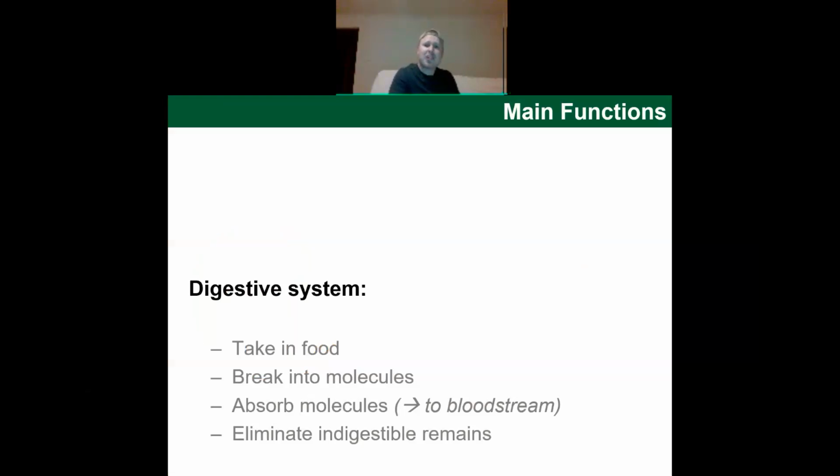If we look at the functions of the digestive system, there are really four main things that we need to see. We're taking food into the body, and then we're breaking that food into smaller components. Once they're small enough, we're able to absorb them, so we let those cross the membrane between, for example, the intestines and the inside of your body.